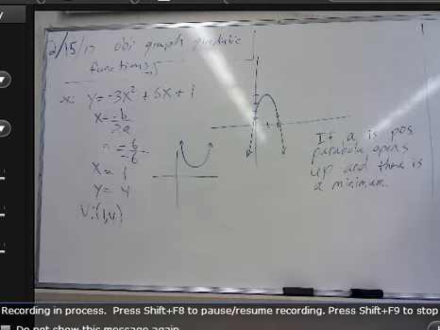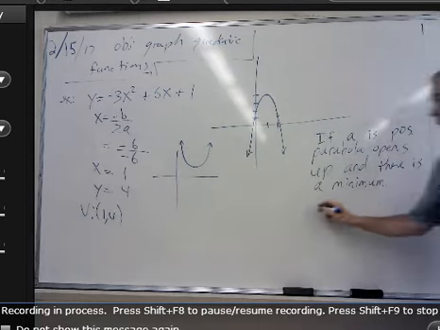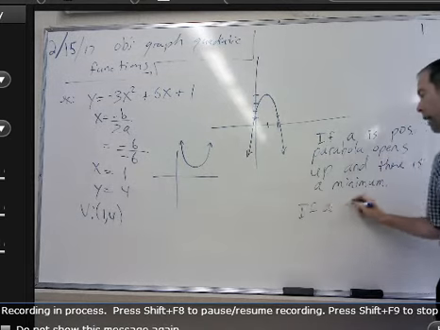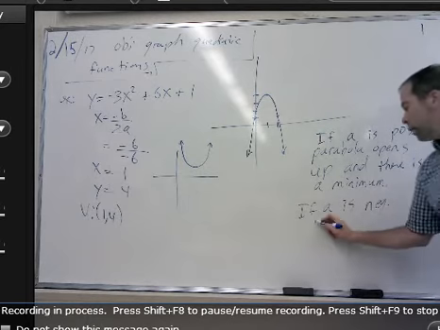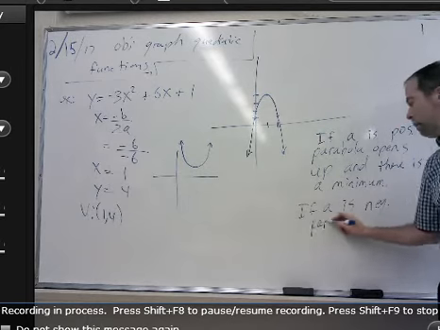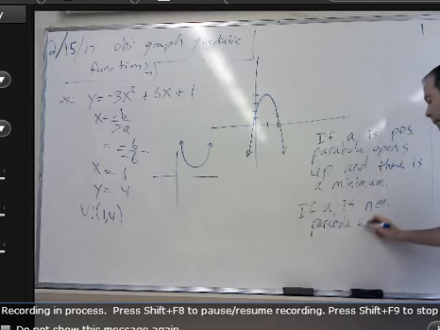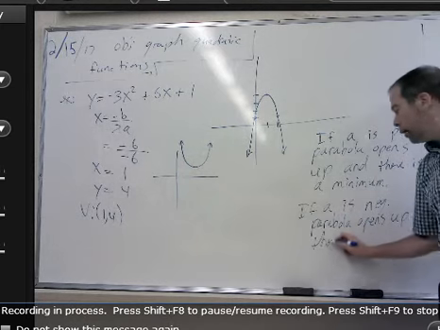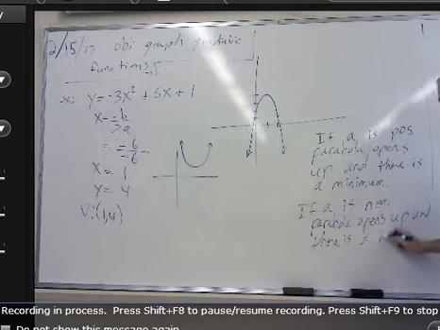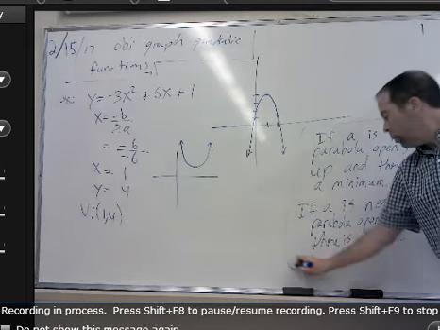So I take it as if it's negative, it has a maximum. Correct. If A is negative, the parabola opens down, and there is a max.